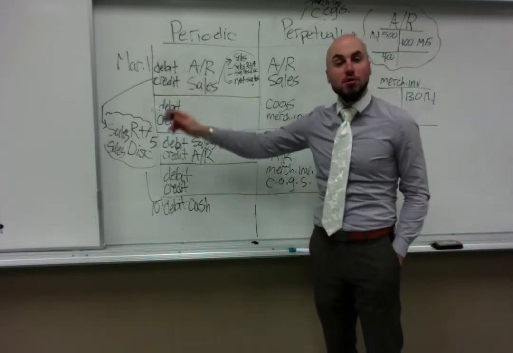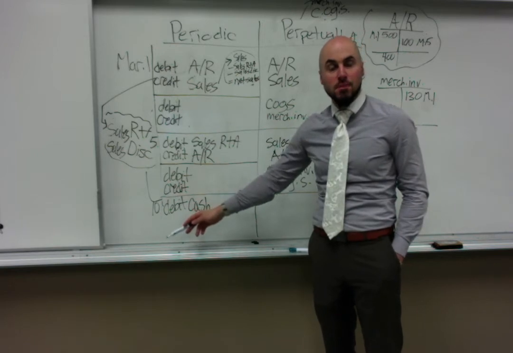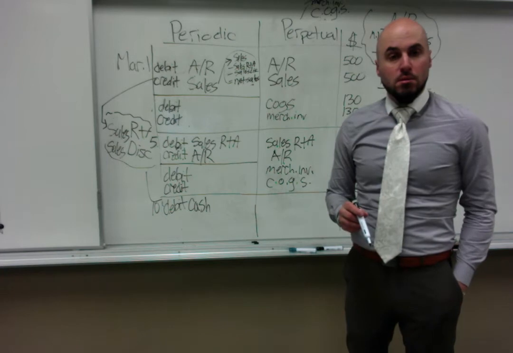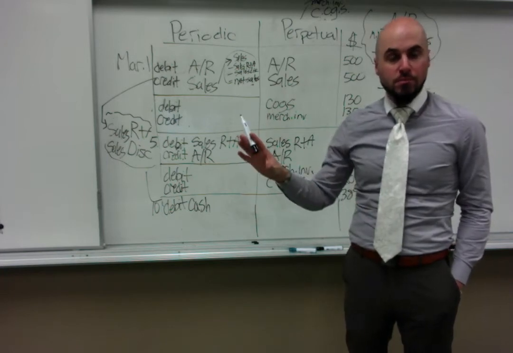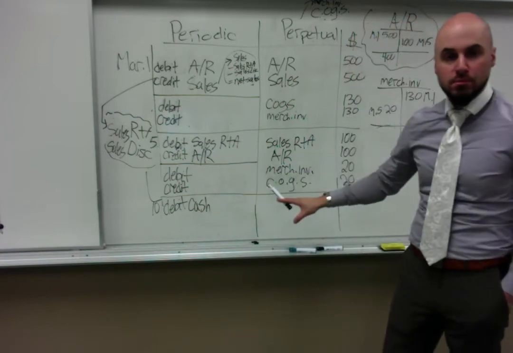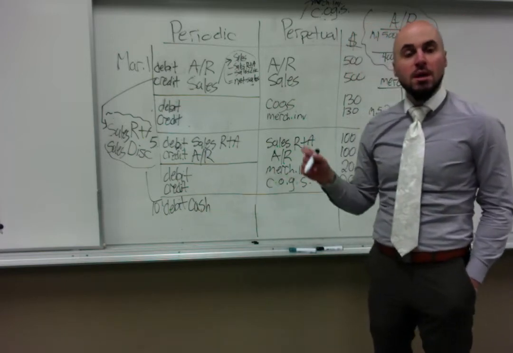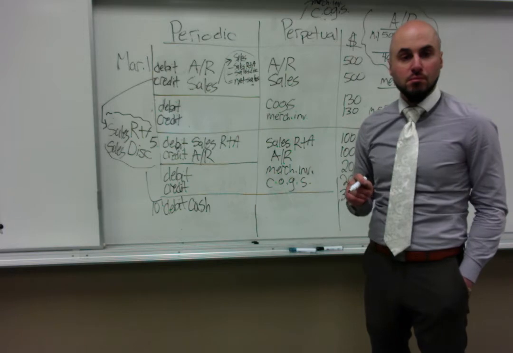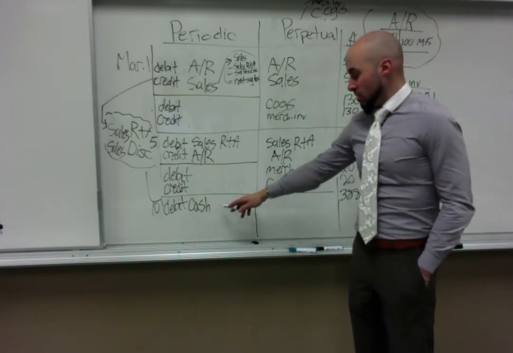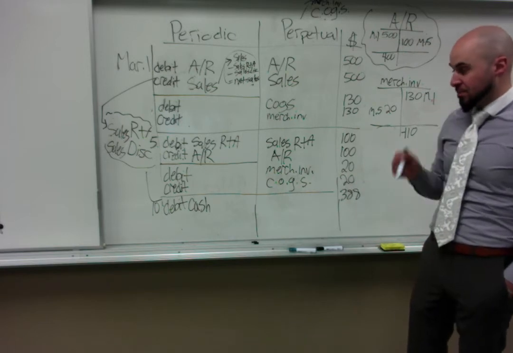If it happened after the 15 days, we would get the full 400. But we gave them the discount period option, and they have taken advantage of it. We're getting the $388 in cash.